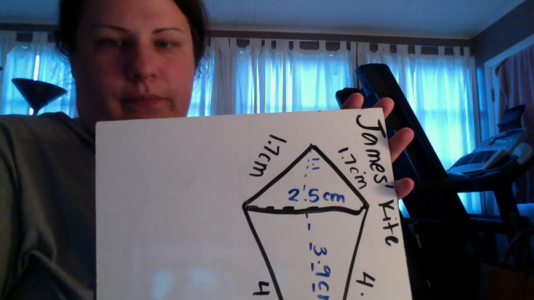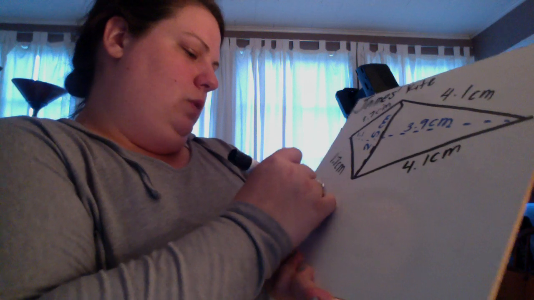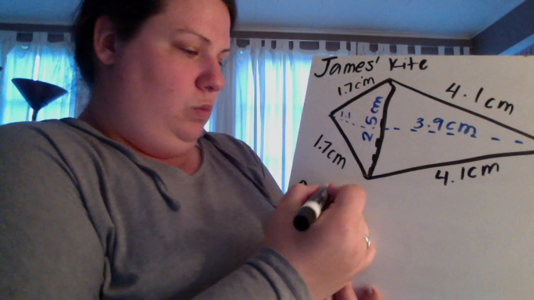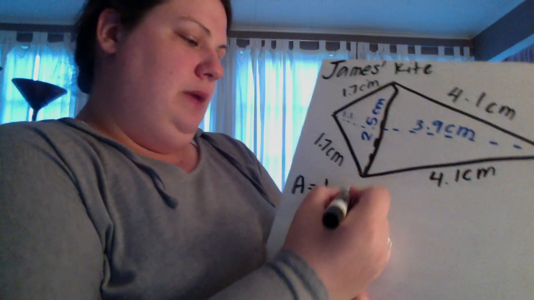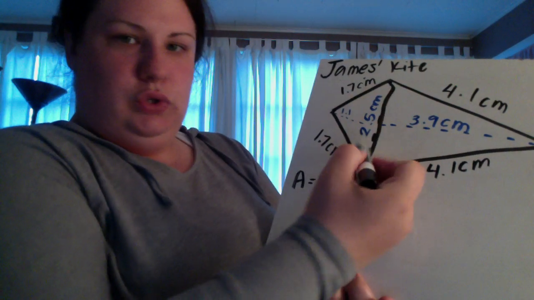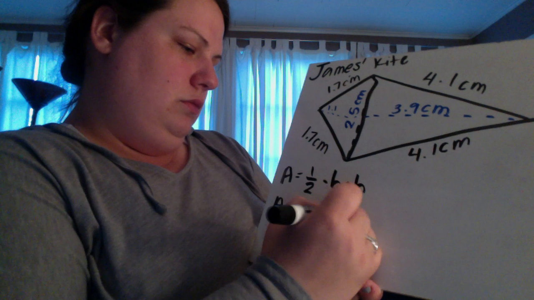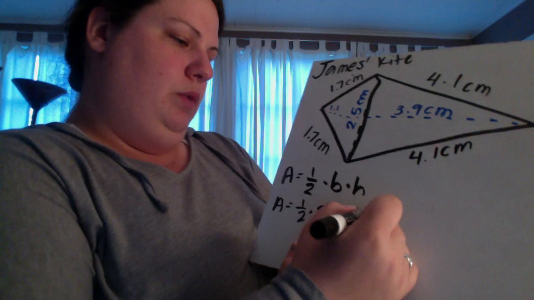My height, and I'll show you, if I move it this way, that's the height of it. 1.1 is the height, and the base is 2.5. So again, we need our area of the triangle, 1/2 times the base times the height. Our base is this 2.5, and our height is the 1.1.